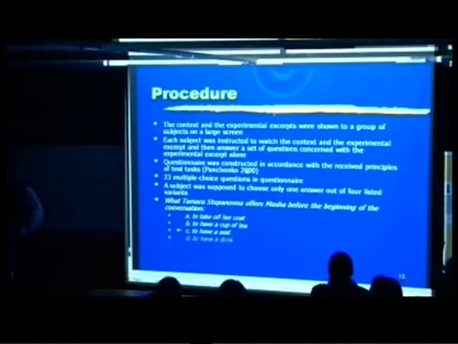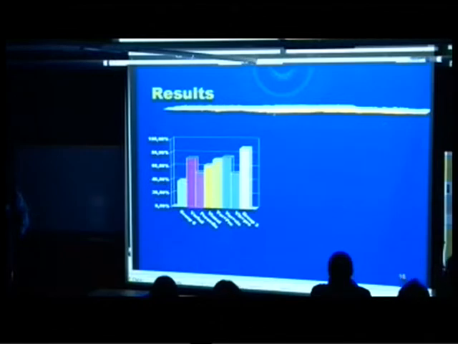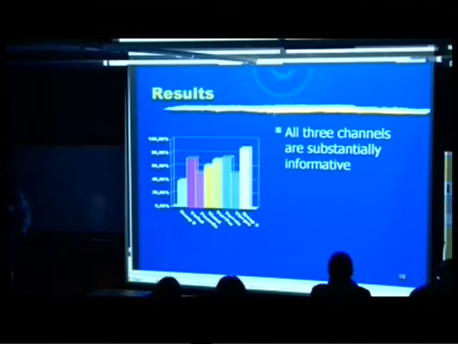In these 3 columns, you see the degree of understanding in terms of percentage of correct answers by the participants who had access only to one of the communicative channels. So you can see from these numbers that each of the 3 communicative channels is substantially informative, because they give rise to significantly higher percentages than the condition 0.